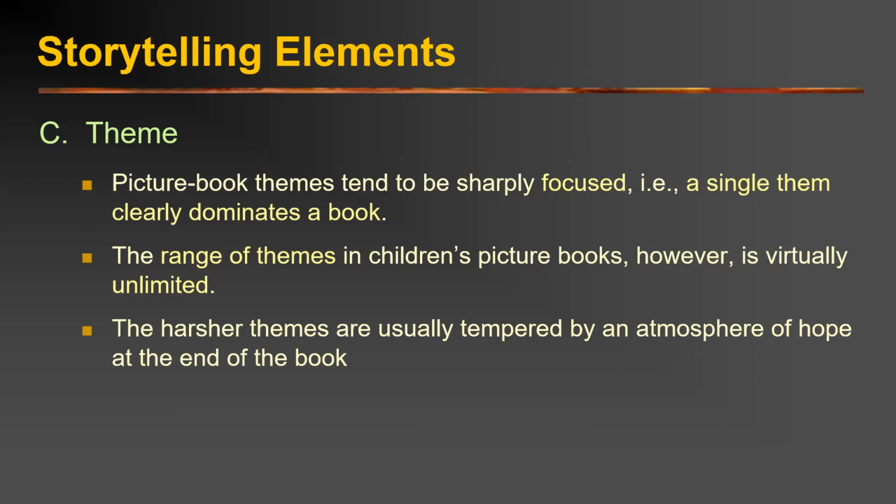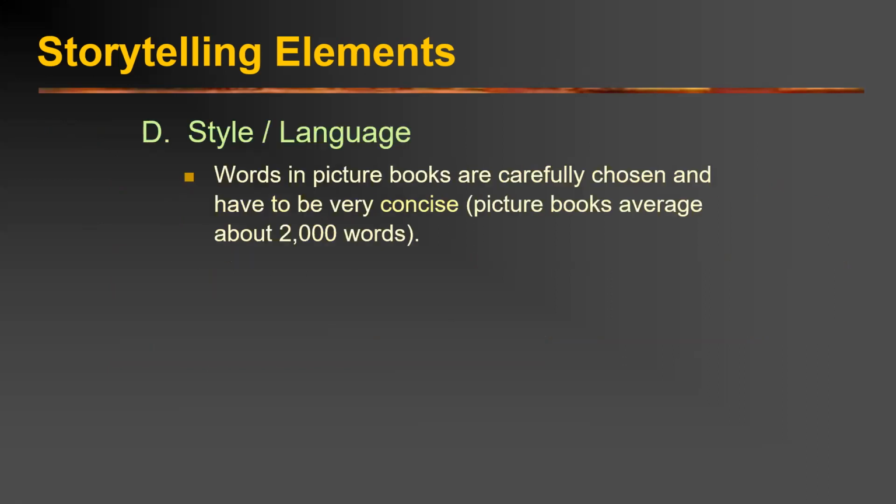Okay. Style. Words in picture books are carefully chosen and have to be very concise. Picture books average about 2,000 words. So this is more of use of pictures rather than text.